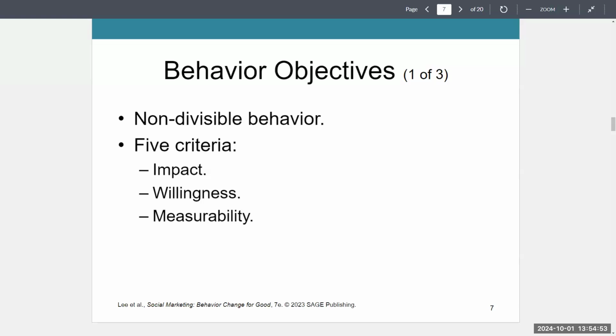So that would be willingness. Measurability, also, we talked about it earlier, but you have to be able to measure the change that has occurred and to what extent. So define clear metrics and data collection methods to track progress. Right?